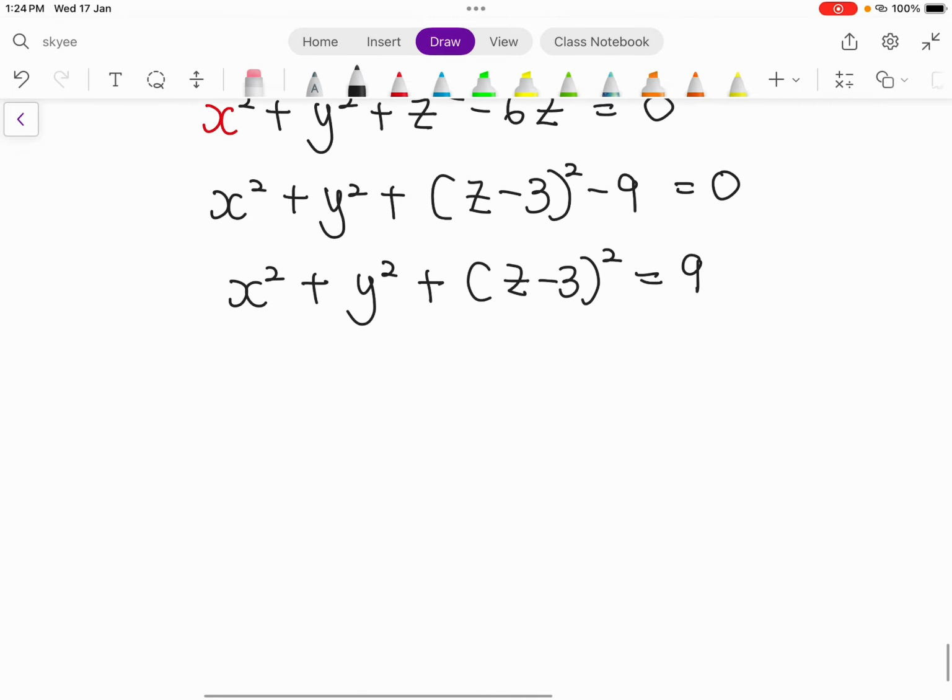So the 9 here is the radius squared, so the radius of the sphere will be 3.